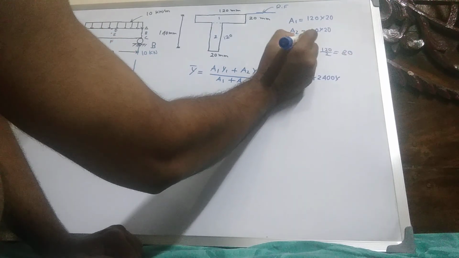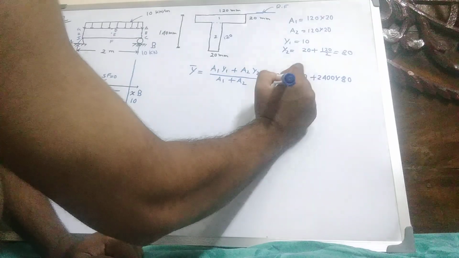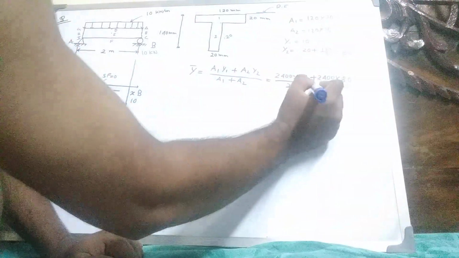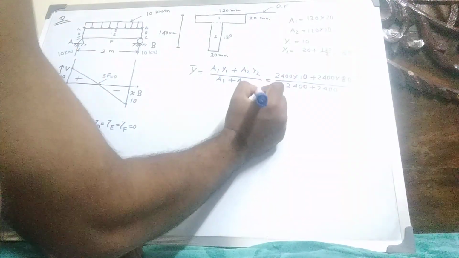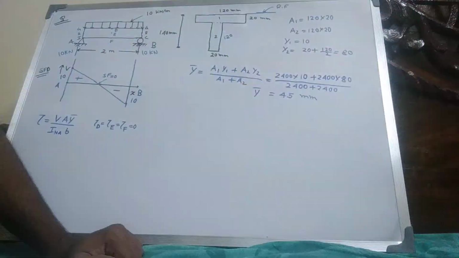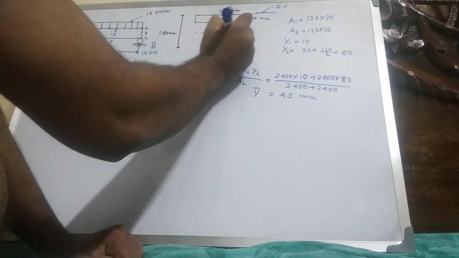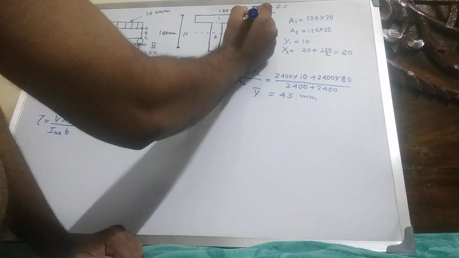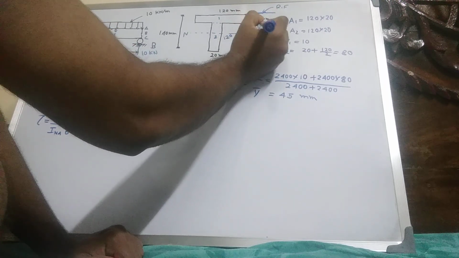Calculating, y bar equals 45 millimeter. The neutral axis is 45 millimeter from the top fiber.